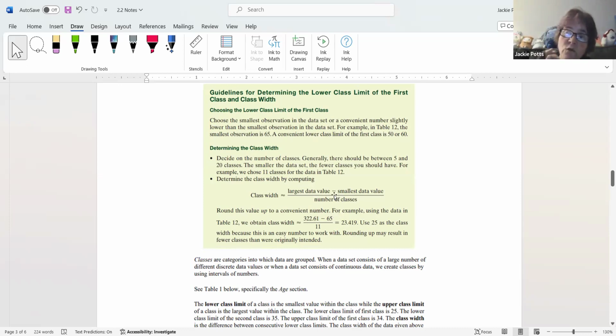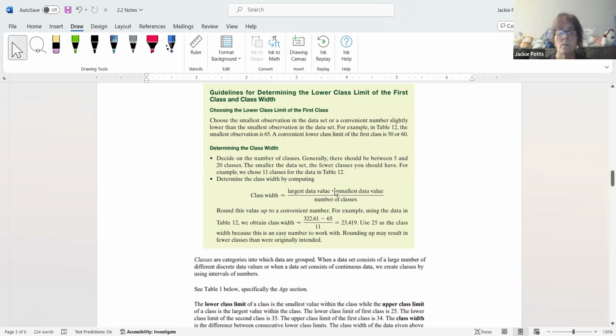And the range is the largest value of our data minus the smallest value. That's what a range is. And you're going to hear me say this again later on when we talk about ranges. But then it's the number of classes that we want. Do we want 2? Do we want 3? Do we want 4? It's how many bars do we want? And we divide by that. And then we're allowed to round.